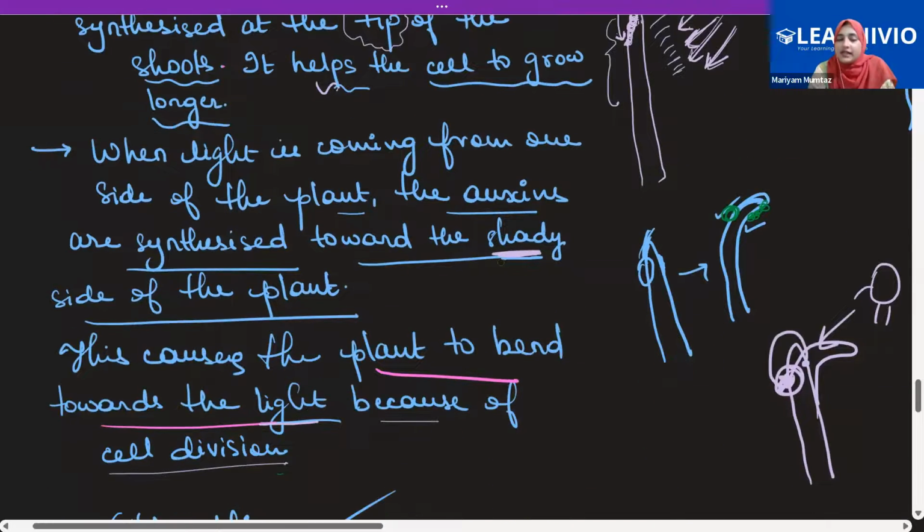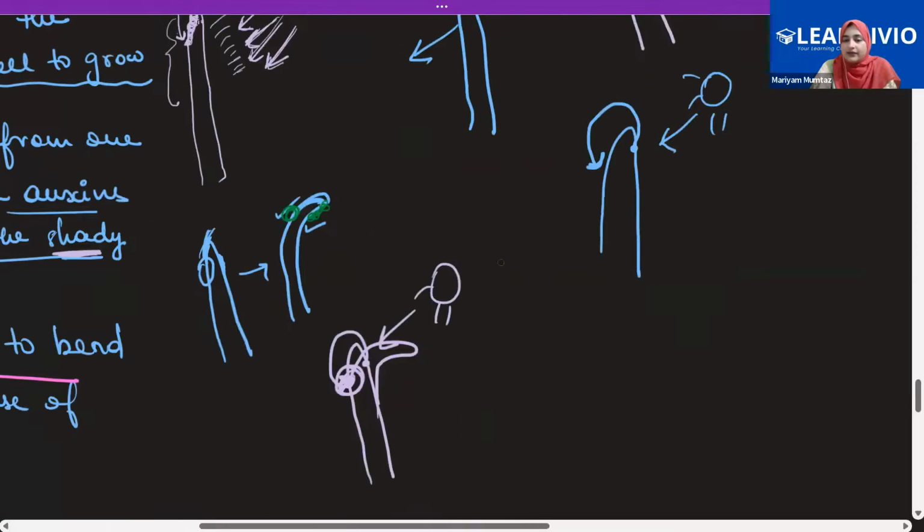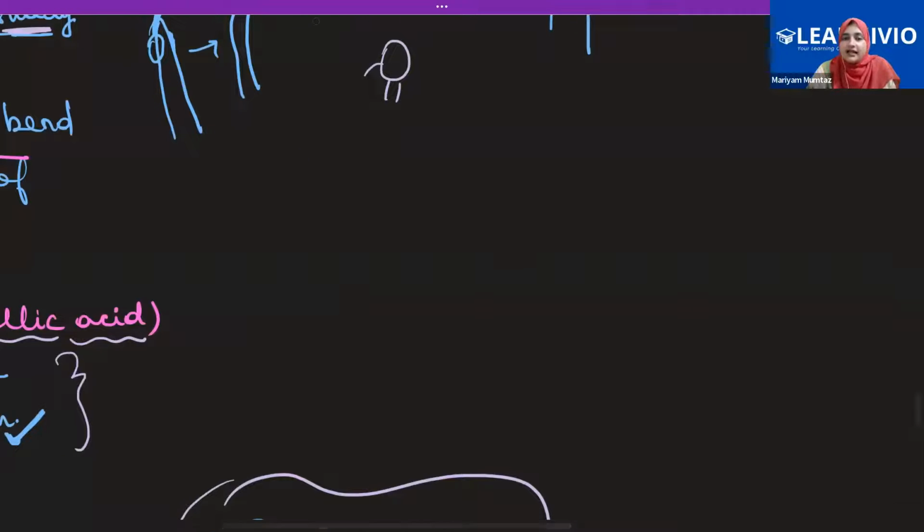But let's just say the light is coming from one side, not uniform towards the entire plant, rather from one side, that is unilateral. So the auxin will be synthesized towards the shady part of the plant. For example, the sun is shining and the light is coming onto the tip of the plant.